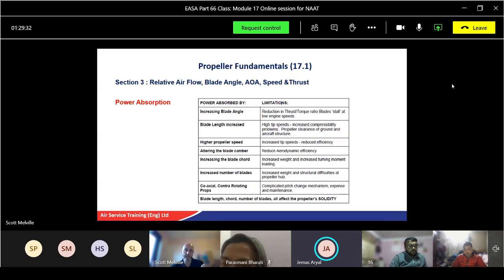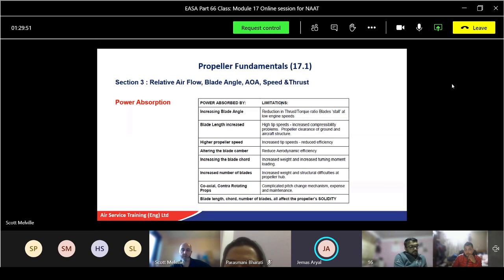We've got angle of attack. What else can give us more lift or thrust in this case? More speed.